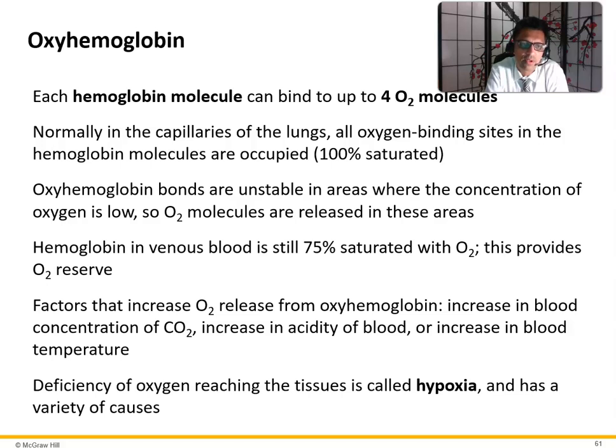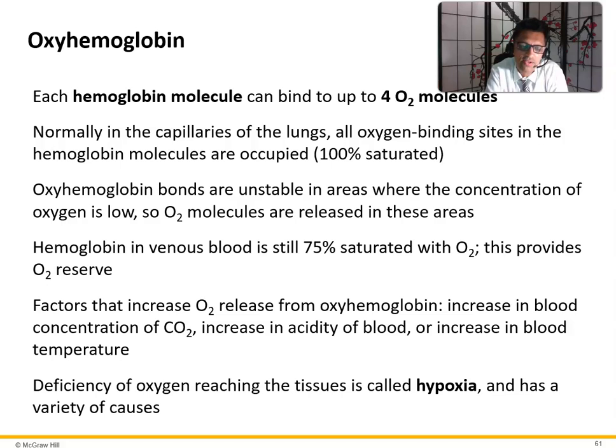Oxyhemoglobin bonds are unstable in areas where the concentration of oxygen is low, so oxygen molecules are released in these areas. Hemoglobin in venous blood is still 75% saturated with oxygen. This provides an oxygen reserve. But if I had a patient with 75% O2 saturation, that would be dangerous, and I probably wouldn't get them up.